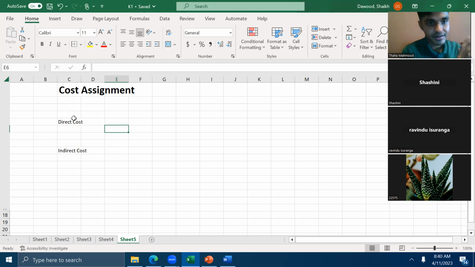We have established why it's important to find the cost of the table as soon as we produce a table, no? Because of that, we have to find the cost of the table as soon as we make the table. Now, there is a practical inability to trace all those costs to the table. We have identified that only the direct costs could be traced.